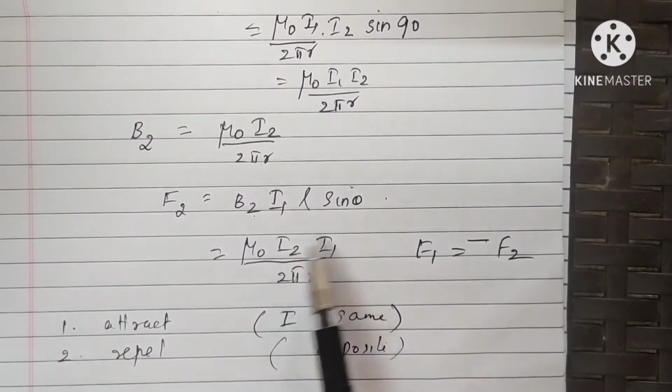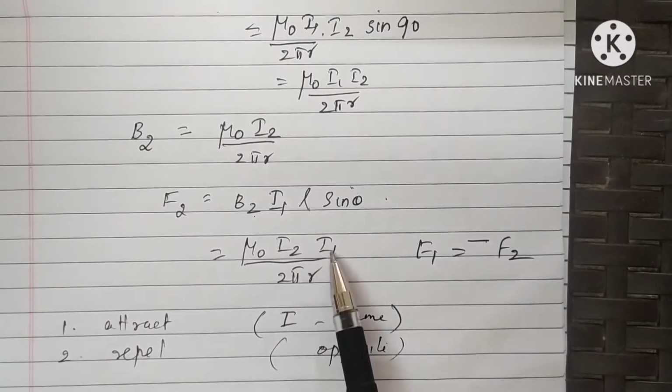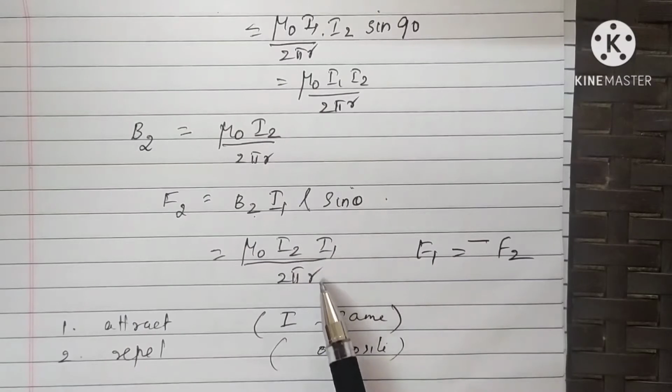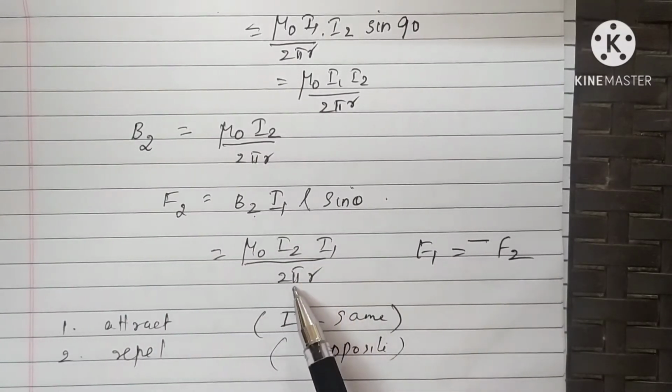Taking current as unity, and also the distance between them is taken as unity. So you will get F is equal to what? Mu 0 by 2 pi. That is, if I1 equal to I2 equal to 1 ampere, r equal to 1 meter, you will get F equal to mu 0 by 2 pi.